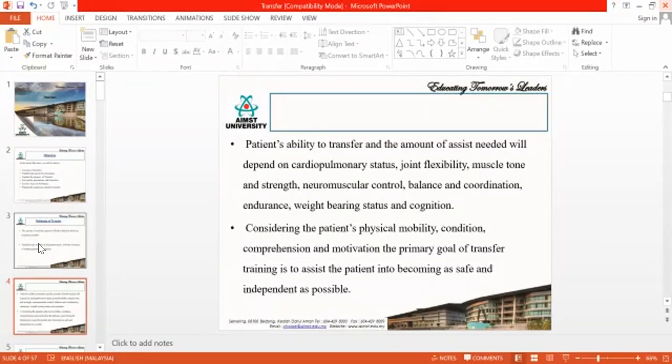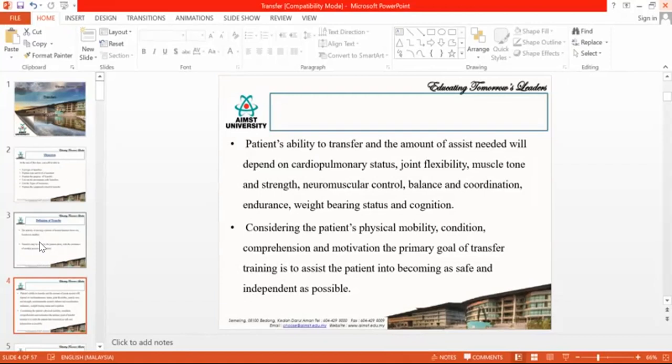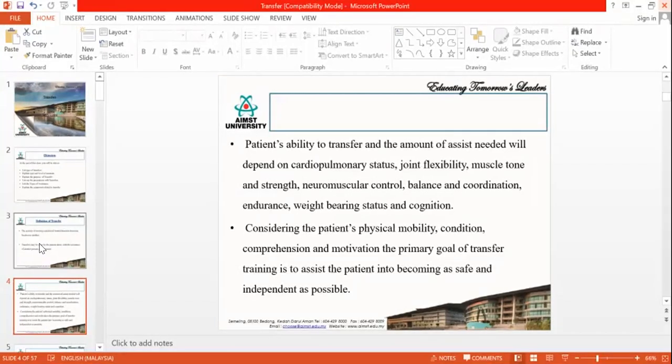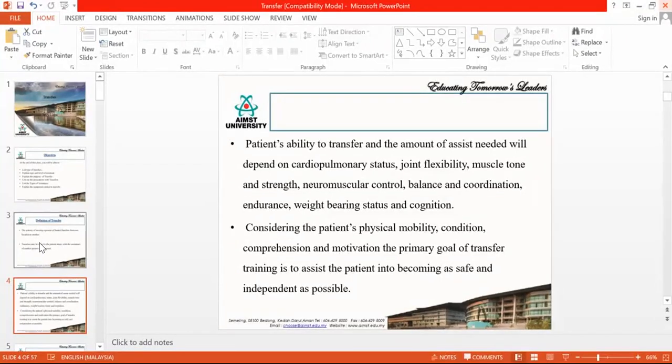So ability of a person covers the heart, the respiratory system, the musculoskeletal system regarding range of motion, muscle tone and muscle strength, and it also depends on the person's balance and coordination. Depending on all these factors, we need to decide how to transfer a person.